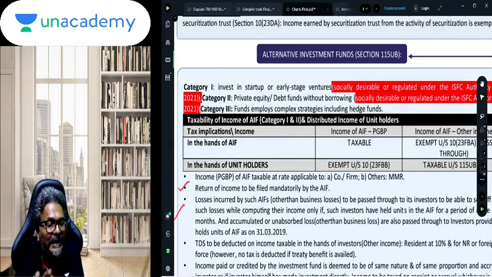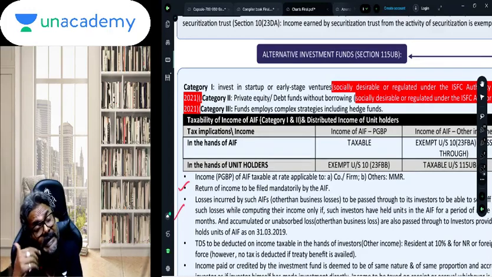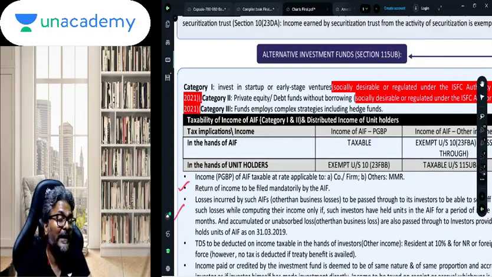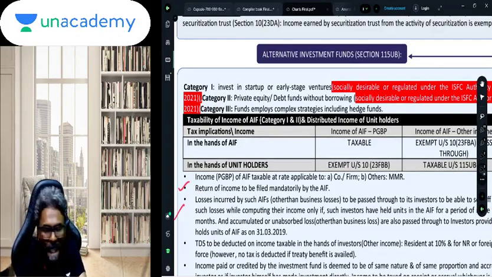It means that some portion of the AIF 1 and AIF 2 income will be taxable in the hands of the AIF itself, whereas the remaining portion will be taxable in the hands of the unit holder in the like manner and to the same extent as it would have been taxable in the hands of the AIF if it had been assessed in the hands of this AIF.